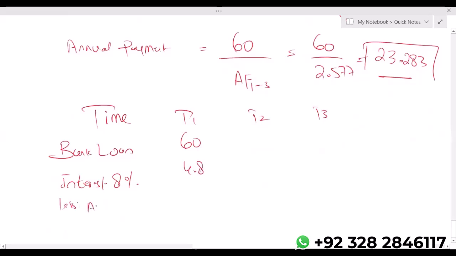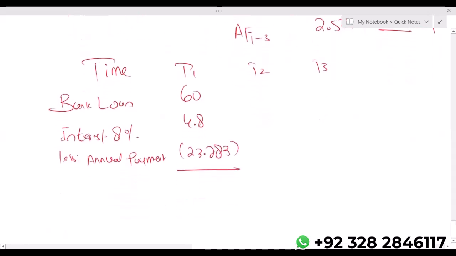Less annual payment. Annual payment is 23.283. 60 plus 4.8 minus 23.283 is 41.517. Logically, the closing loan is 41.517 at the end of T1.